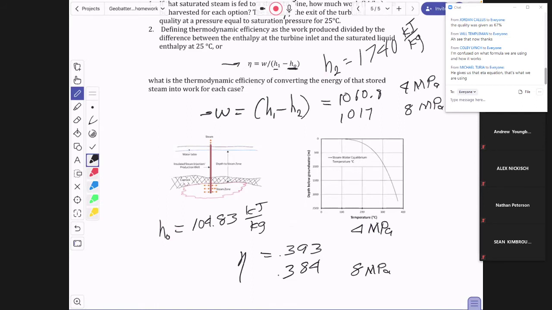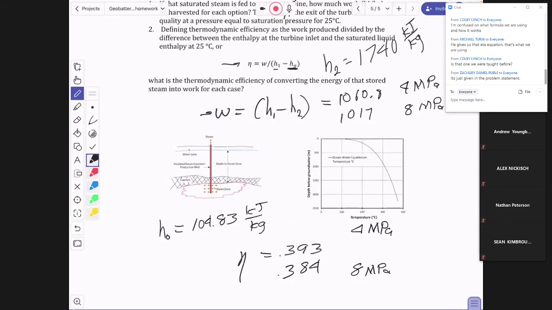Professor, what were you using for h sub 1 for your efficiency calculation? Well, we have those two different numbers. One of them was 2800.8, and the other was 2758.7. Those are the vapor enthalpy at saturated conditions at 8 megapascal, and the other one was at 4 megapascal.